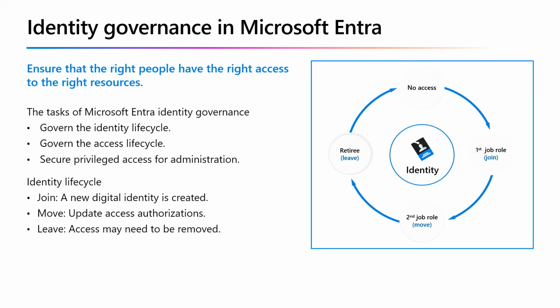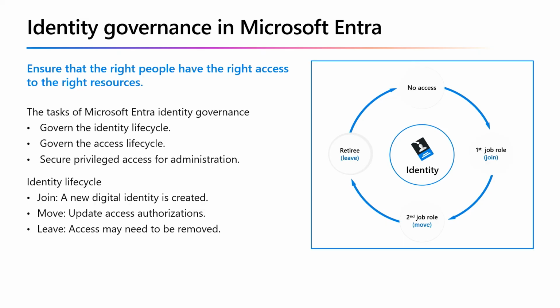When an individual moves between organizational boundaries, more access authorization may need to be added or removed to their digital identity. And when an individual leaves, access may need to be removed, and the identity may no longer be required.